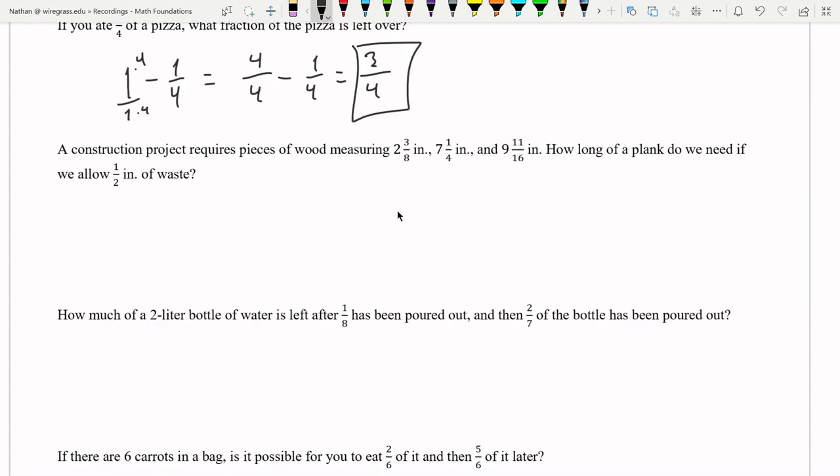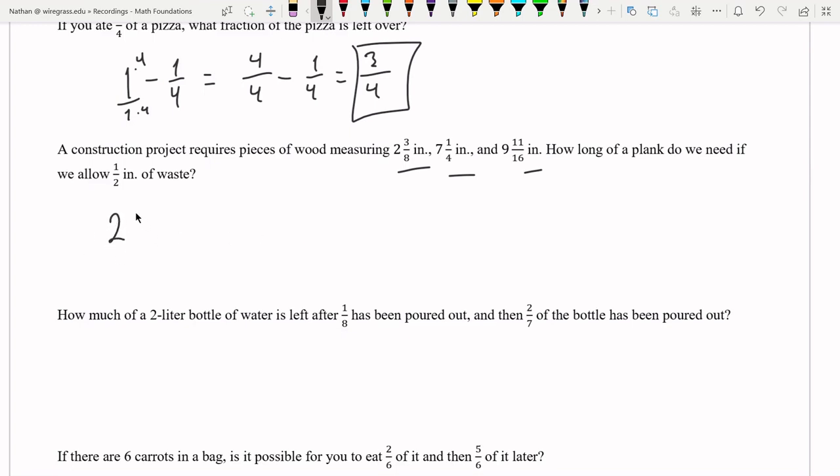A construction project requires pieces of wood measuring these dimensions. How long of a plank of that wood do we need if we also allow for 1/2 inch of waste? So the 1/2 inch is going to be added on to all the rest of these, and that's going to give us a total length of a plank of wood, like a 2x4 or something.